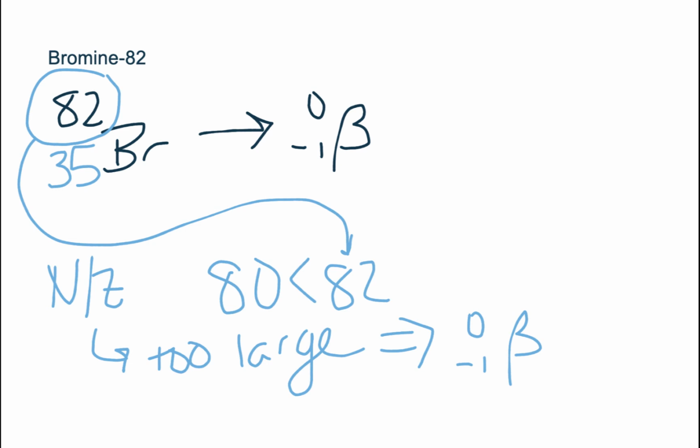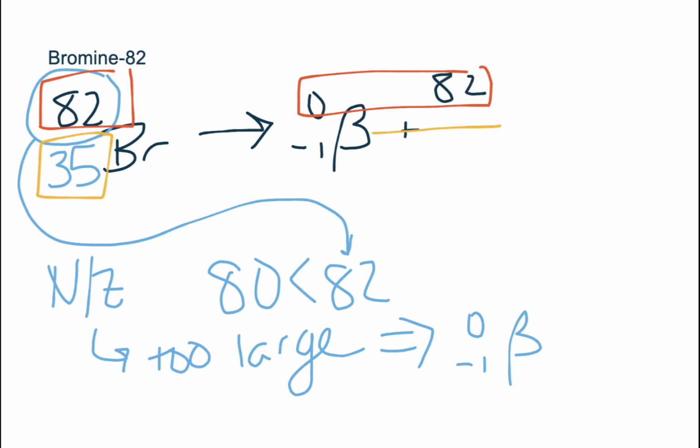And then we just have to balance the equation. So our total mass needs to be 82. So 0 plus 82 is still 82. And our number of protons needs to be the same. So in this case, we've lost a proton through the beta particle. We've converted a proton into a neutron. And so our number of protons is now 36.